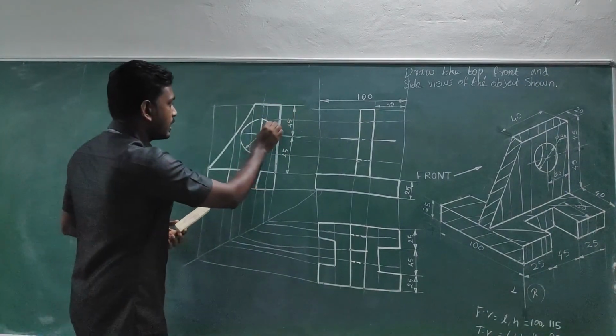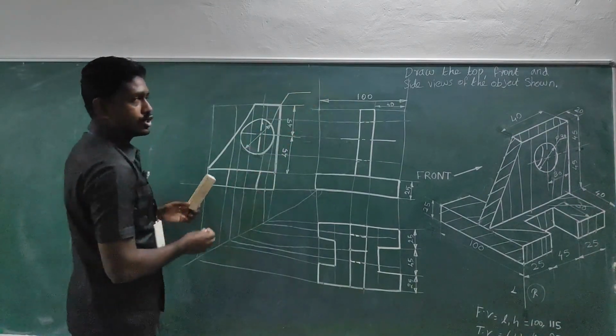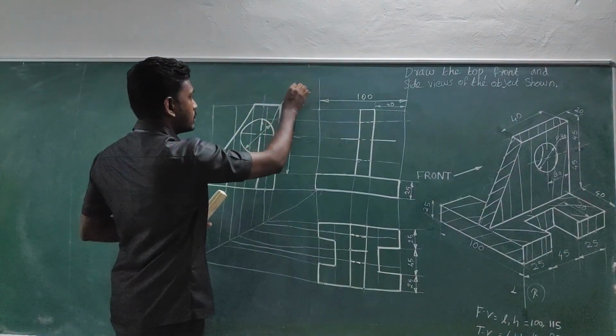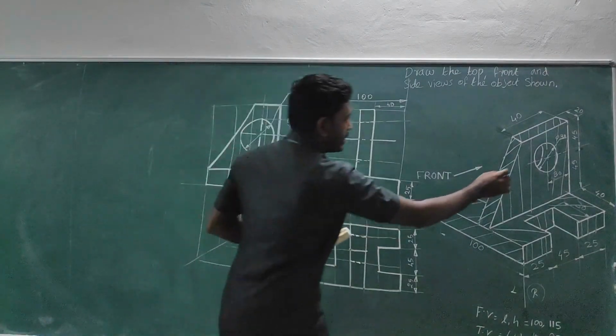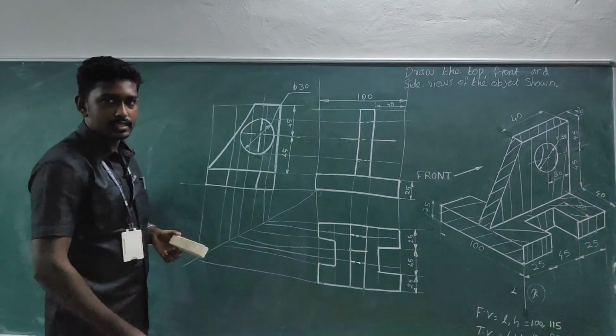Okay, it must be taken through the corners like this. It should just pass through the corner like this, and just write above this leader line pi 30. So here the diameter is 30. So write as pi diameter 30, something like this.